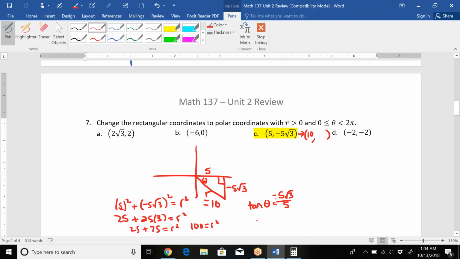Reduce that down: that's a negative square root of 3 over 1, which means it used to be negative square root of 3 over 2 over 1/2. Remember, a tangent is always y over x, and this is quad 4, so positive x, negative y. We would notice on the unit circle that this is still 5 pi over 3. So that theta is 5 pi over 3.